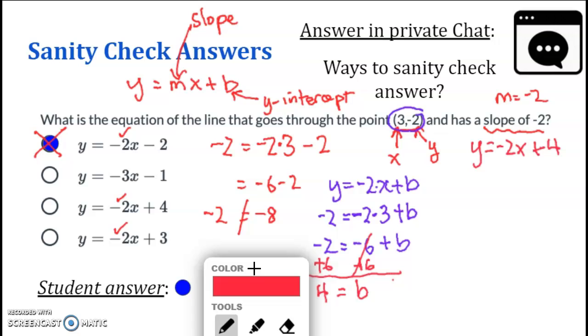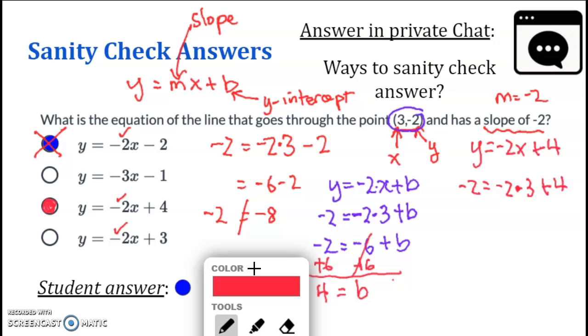So I actually think it's this one now. Okay, so how do I make sure that this is correct? Again, I substitute the values in for x and y: y is -2 here, and x is positive 3, so -2 = -2 times 3 plus 4.